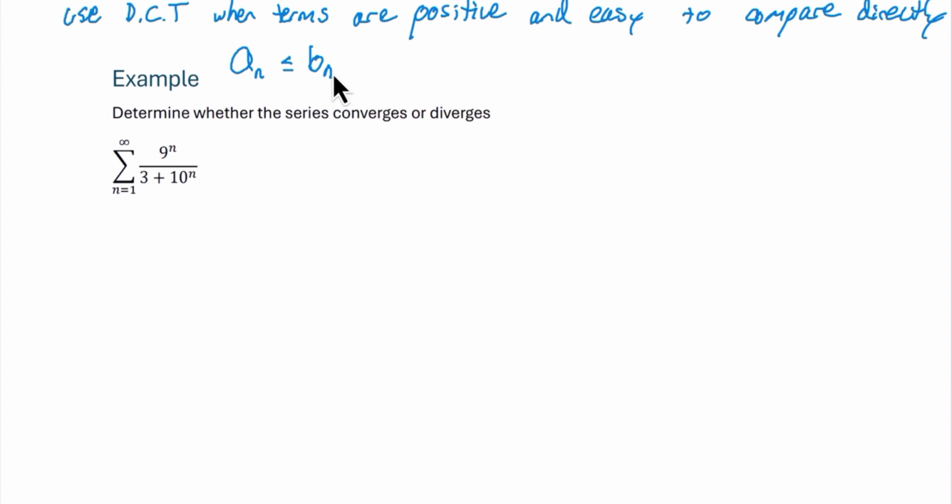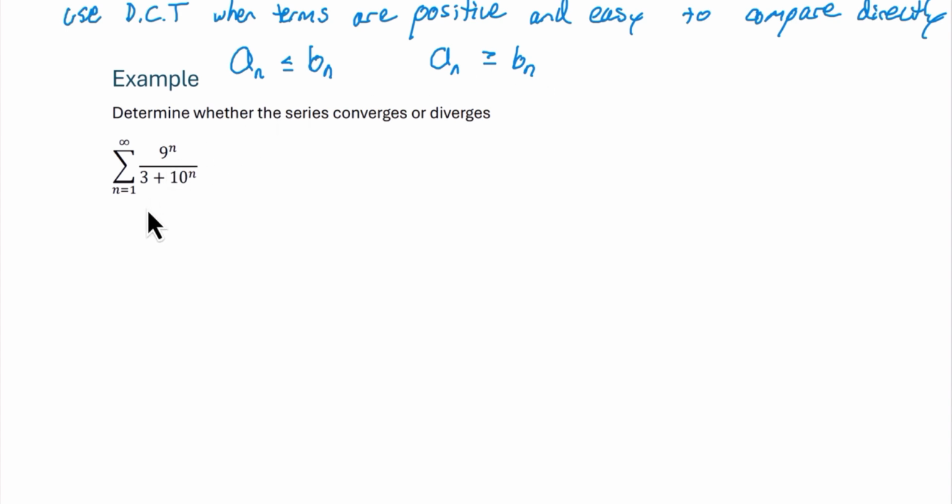If B sub n is bigger than the original A and B sub n converges, then the original A must also converge. Or if we have A sub n, the original, and we compare it with a known B sub n, and this time B sub n, the known series, diverges. If the smaller series diverges, then the original must also diverge because it's bigger than the smaller divergent series.